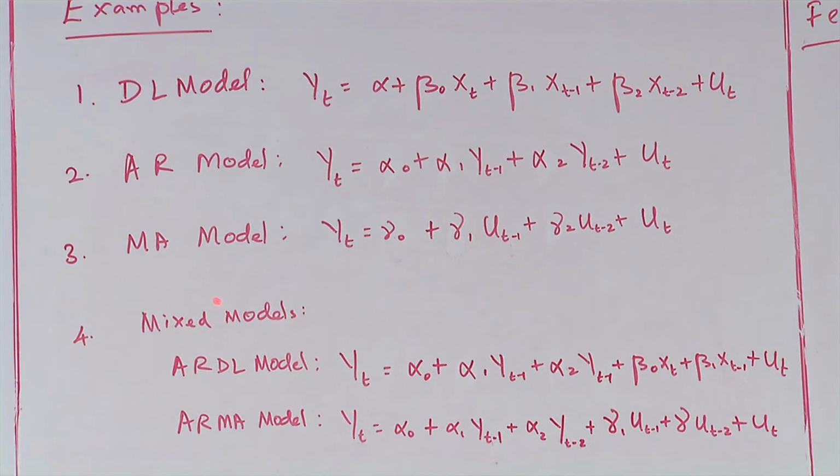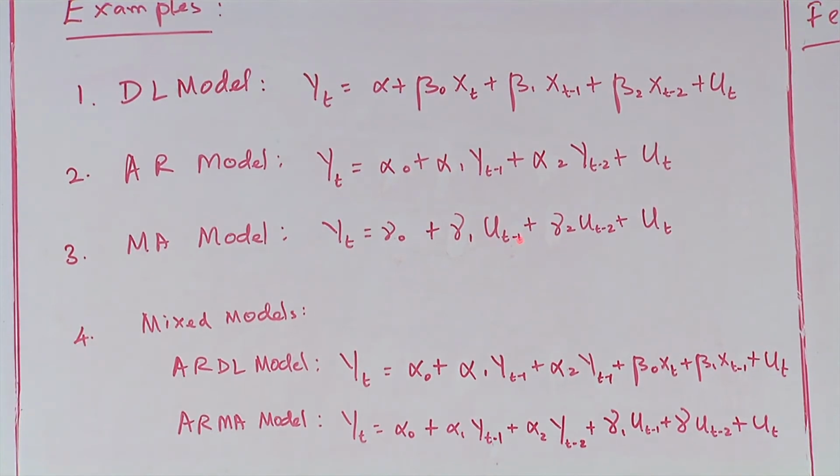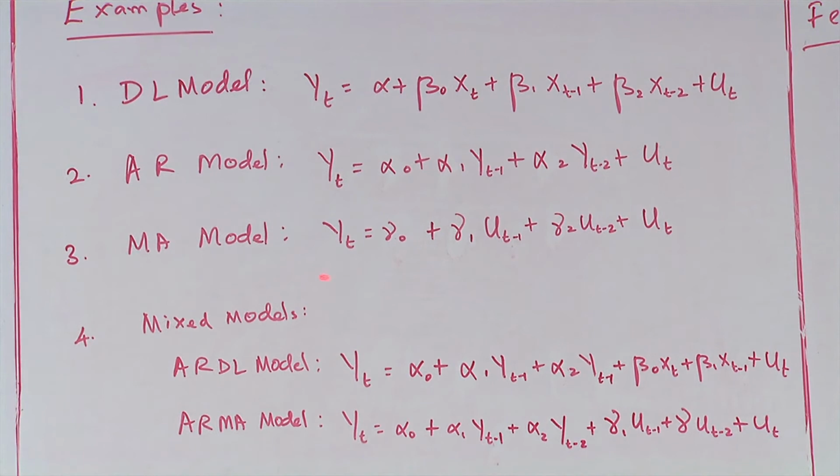So, yt is equal to gamma 0 plus gamma 1 ut minus 1 plus gamma 2 ut minus 2 plus ut, all in the usual notational form.